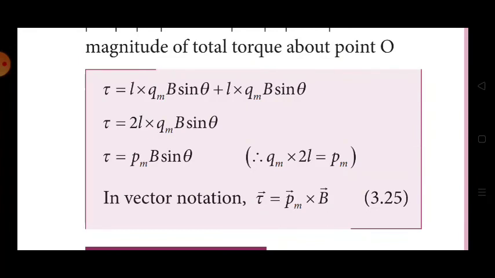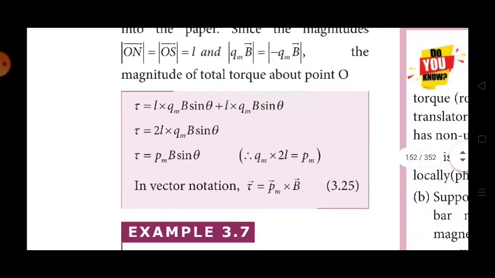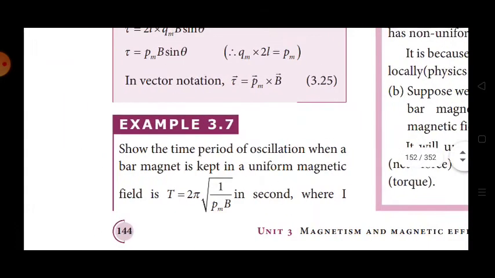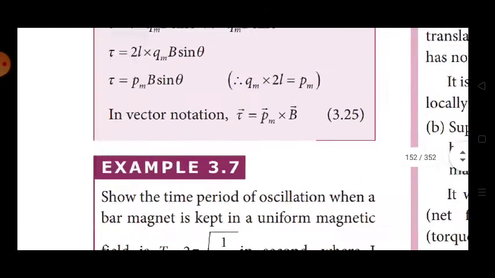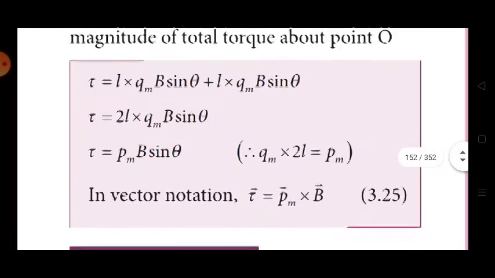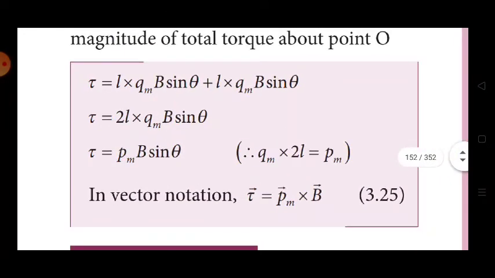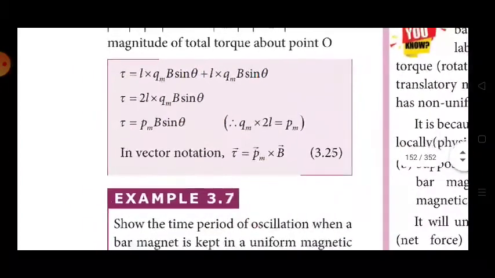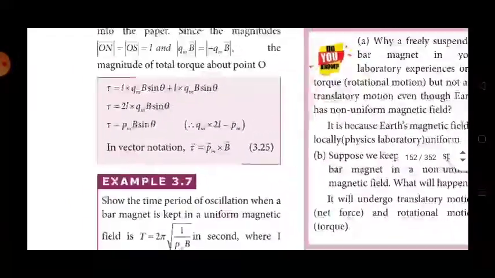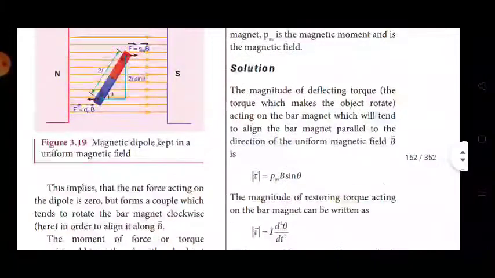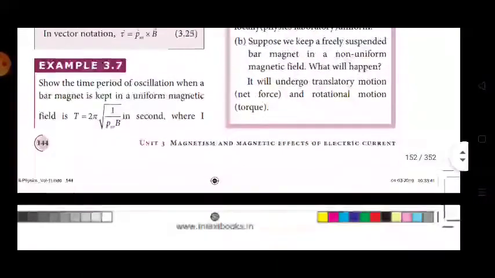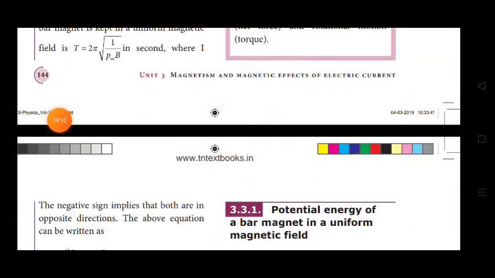Go through it and take practice. The torque tau is equal to pm B sin theta. Solve example 3.7 and we move to the next.